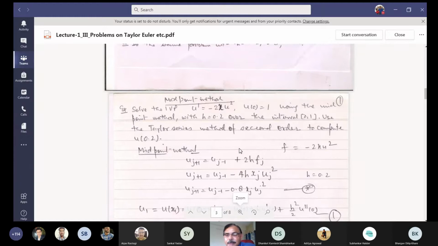Take a function, differentiate that, rewrite in the u form, and then your differential equation is ready.